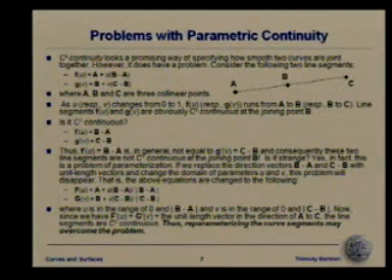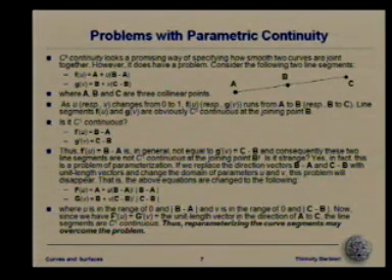And one of such continuity that we define is called parametric continuity. We defined it at the joint point, and we defined a class of continuity based on the concept of the derivative of the parametric functions which are defining each curve. Do you remember that?